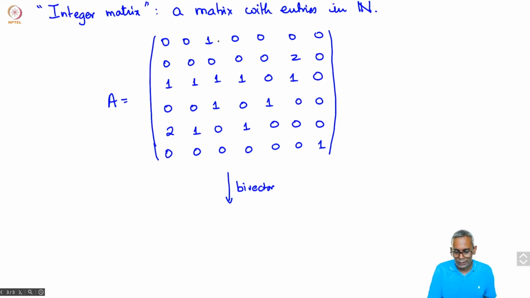Every time you come to a non-zero entry of the matrix, you note down its row number and column number, with multiplicity equal to that entry. So here we have an entry which is non-zero. It's in the first row and third column. So I will note down 1, 3 with multiplicity 1.